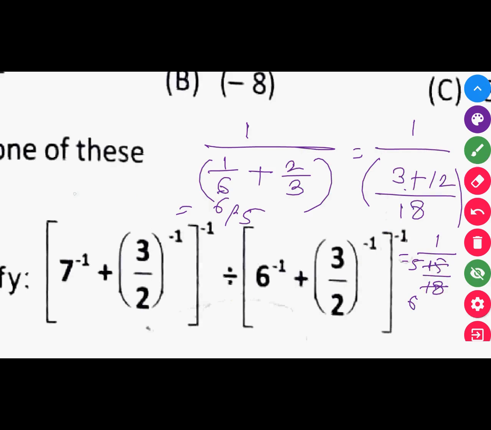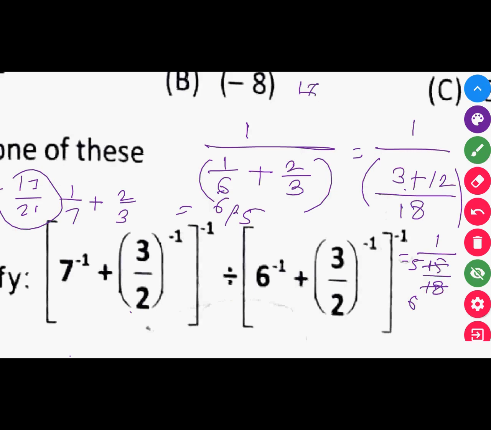Now the first one was 21 upon 17, the second one is 6 upon 5.